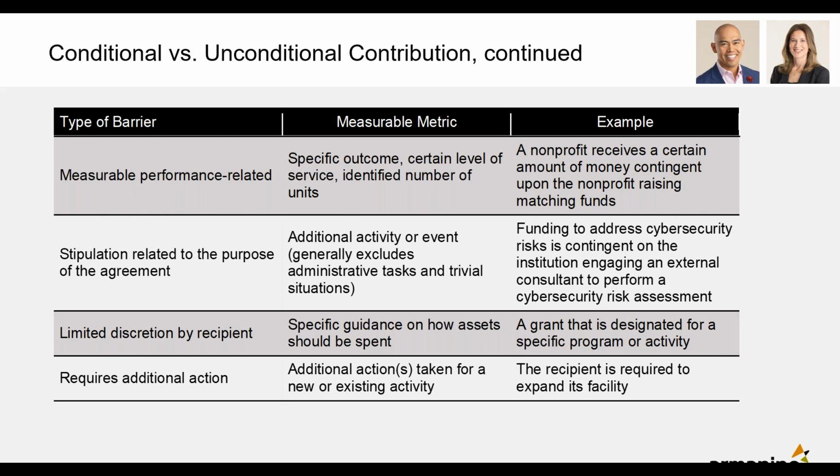But you could have a situation, again, pointing back to that top row here on this slide, where you know that you're going to be able to raise those matching funds, but it's still a barrier until you actually do it.